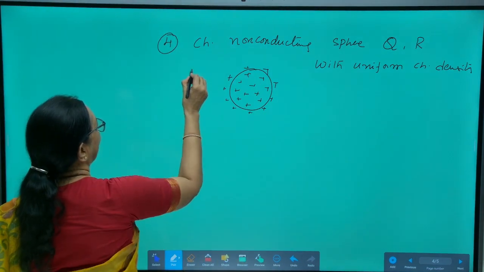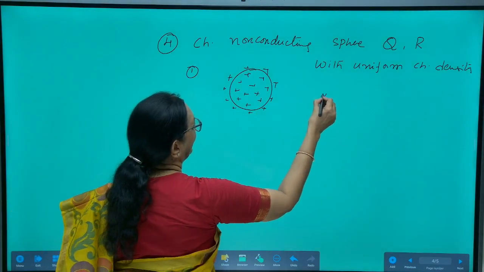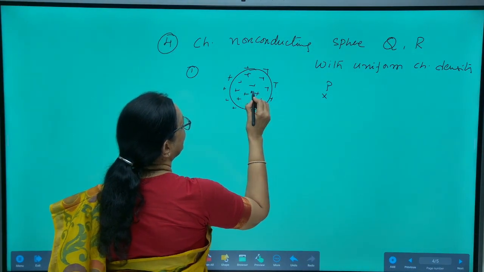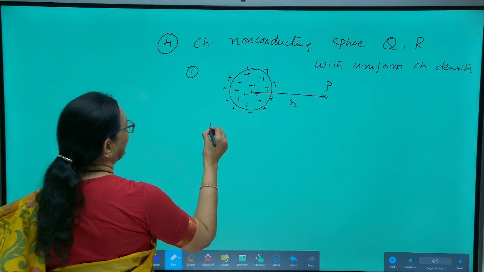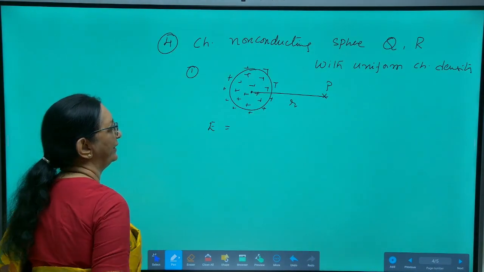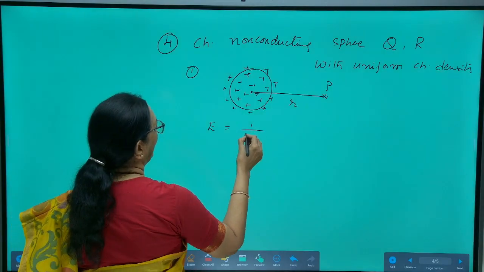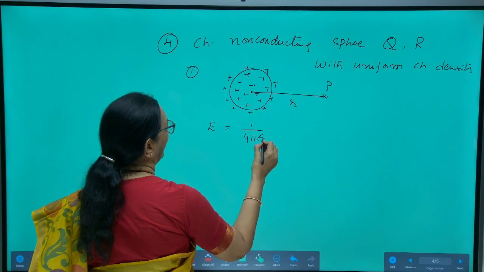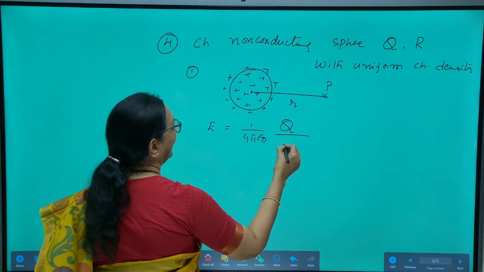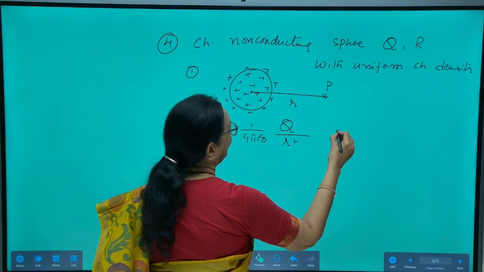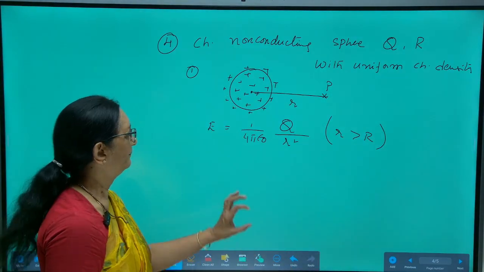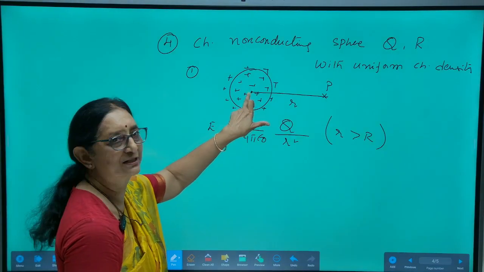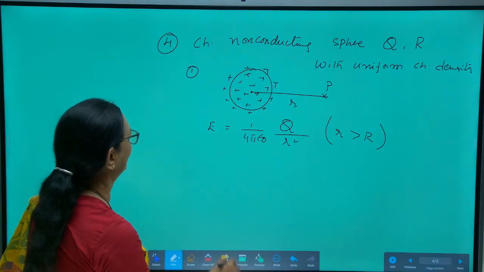Let us consider an outside point P, which is at a distance r from the center. So, the electric field intensity at that point will be equal to 1 by 4 pi epsilon naught Q by r square when r is greater than capital R. It just behaves like a point charge concentrated at the center.